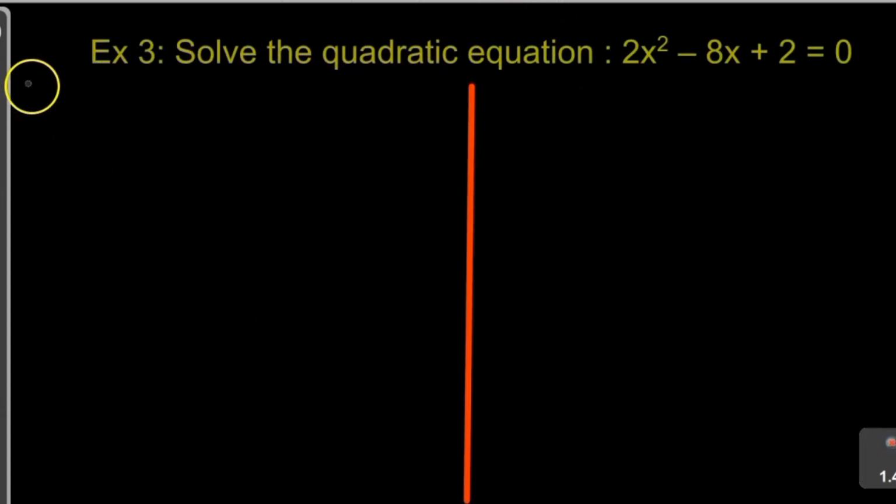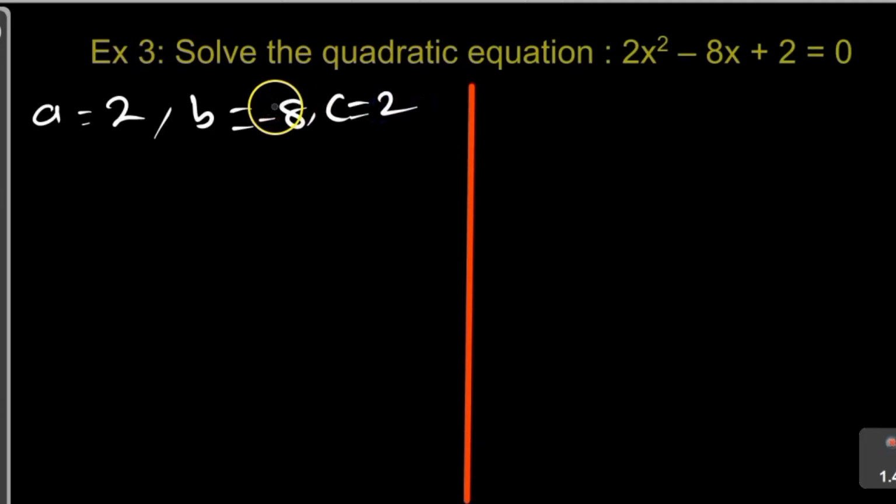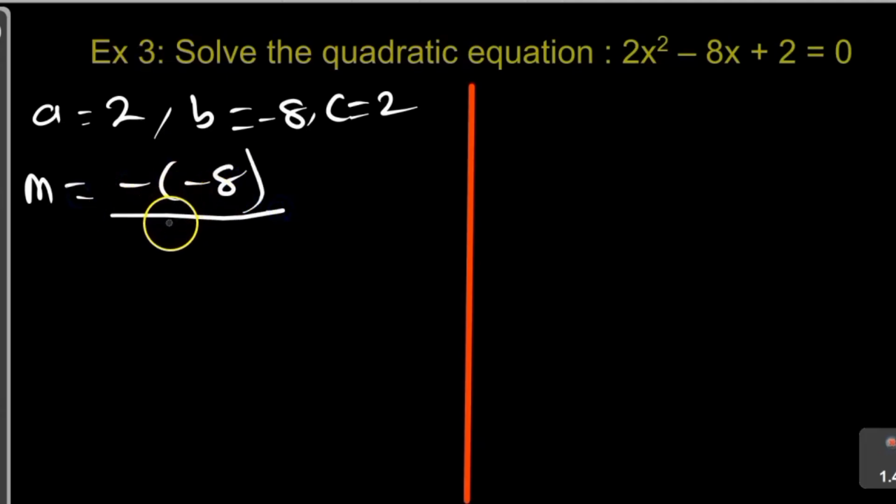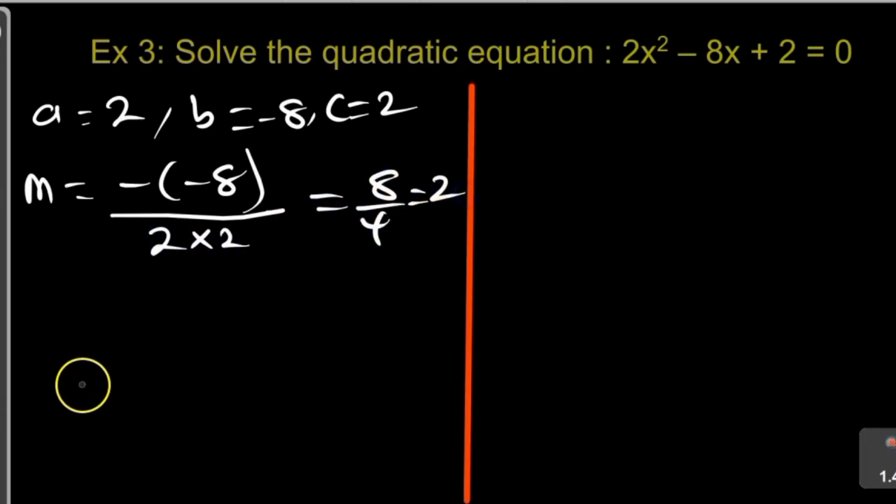Here, our a is equal to 2, b is minus 8, and c is 2. So M is minus b over 2a, 2 times 2. So 8 over 4, so M is 2.